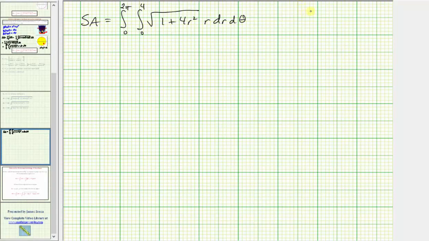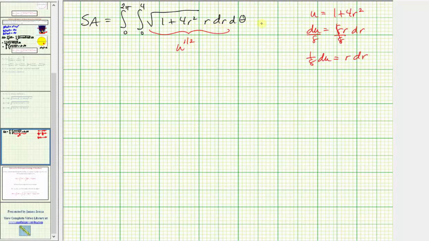Well, to perform u substitution, we'll let u be equal to 1 plus 4r squared. So differential u is equal to 8r differential r. So let's divide both sides by 8. So we have 1/8 differential u equals r dr, which means in terms of u, the square root of 1 plus 4r squared would be the square root of u, which would be u to the 1/2.